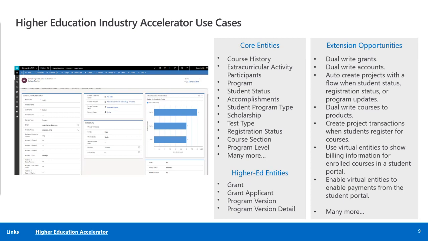On the right-hand side, you can see that I've outlined some core entities and some extension opportunities. Now, the entities here are split up between core and higher education. This is by no means an exhaustive list of all of the entities that you get with the Dataverse and the Higher Education Industry Accelerator, but it includes things like course history, programs, student status, and so on.